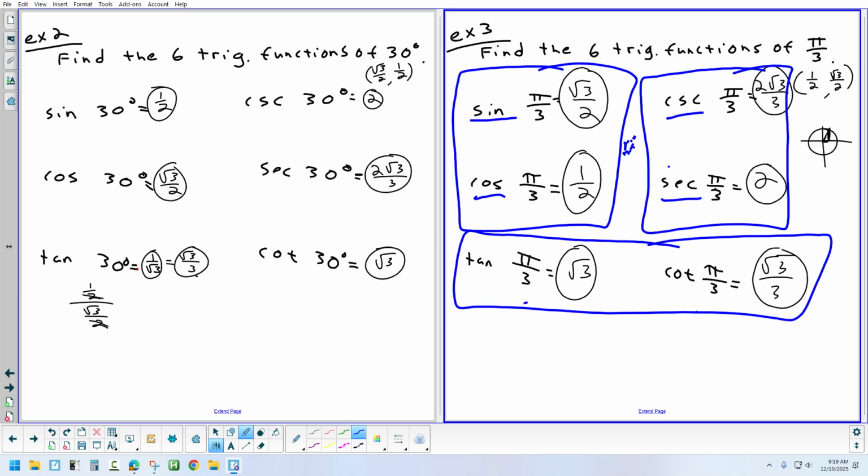And tangent has a co-function of cotangent. Tangent and cotangent are special because they're not only co-functions of each other, they are also reciprocals of each other. But everything in those blue boxes, the pairs that you see, are what you call co-functions. And we'll study a little more about co-functions some other time.